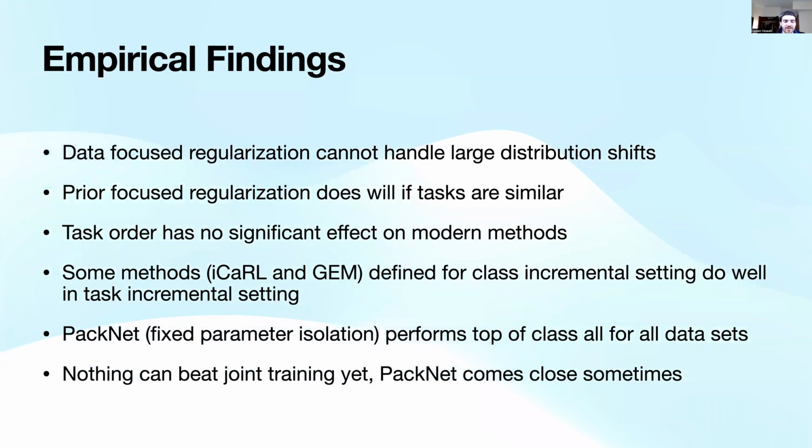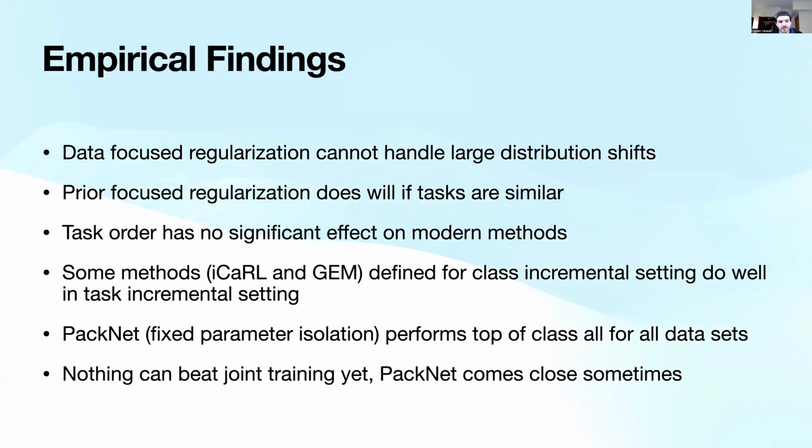And what they found was that, as I said before, PACnet performs pretty well over everything, but nothing yet can quite beat joint training, which is upsetting. Some methods that were developed for the class incremental setting actually still do pretty well in the task incremental setting.